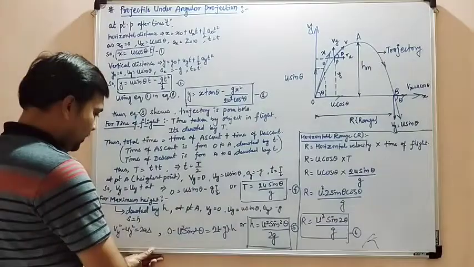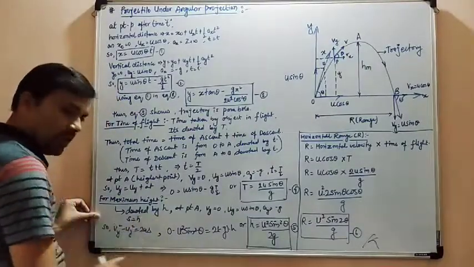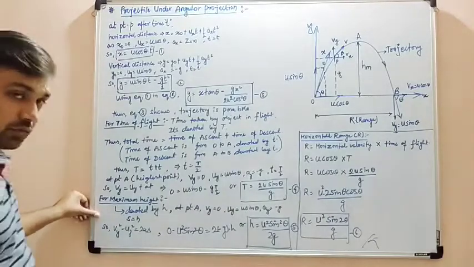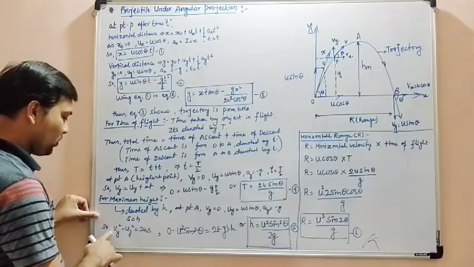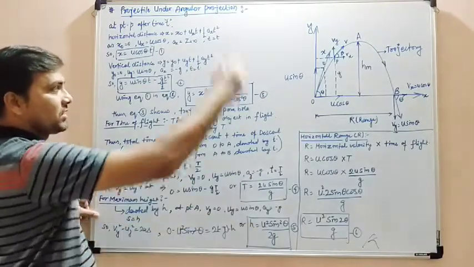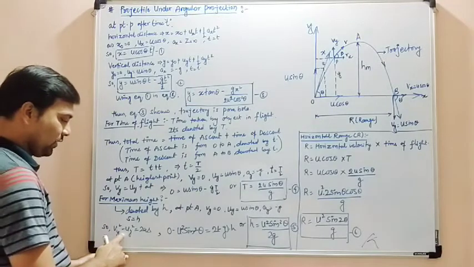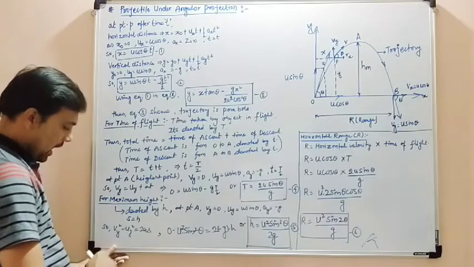Now again, take a look at these parameters. We come to know that all these are satisfied in the third equation of motion. So what is the third equation of motion? v square minus u square equals 2as. That is the general equation. But for the y-axis component, we have vy square minus uy square equals 2as.